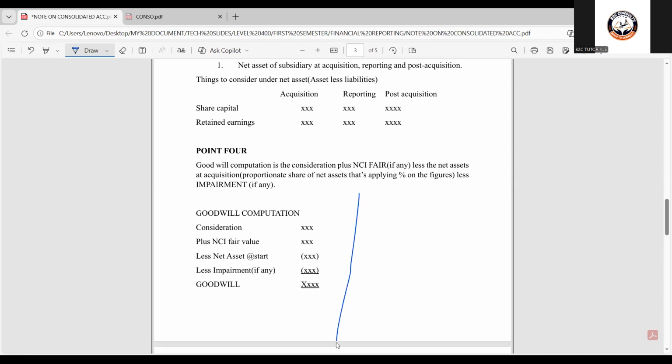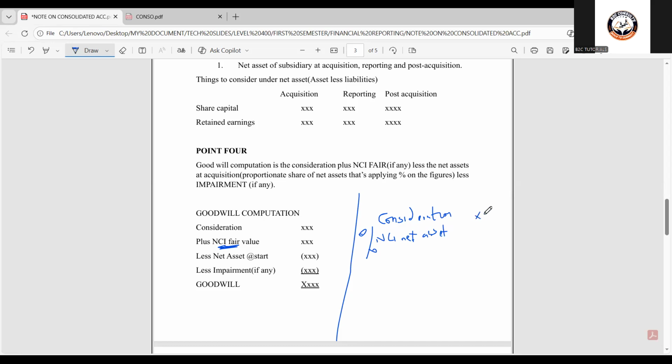You see, if the NCI is not at fair value, when you pick the consideration you had given, you need to find the proportionate share, that is the percentage of the NCI on the net asset at acquisition.